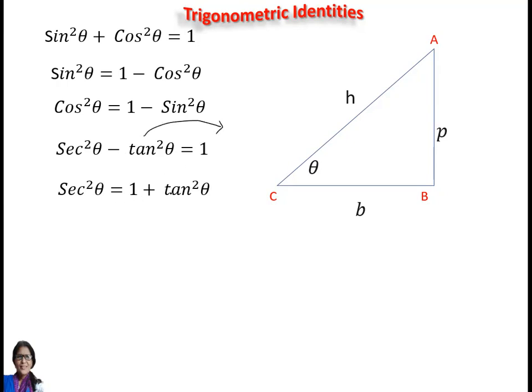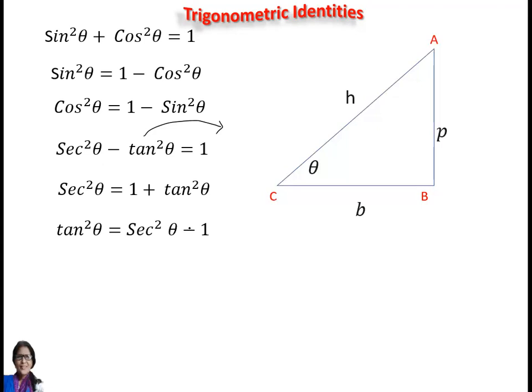So this is another identity. If you want to separate tan square theta, how much will it be? It will be sec square theta minus 1. So we got so many relations and you have to keep them in memory. You have to remember this to solve more questions.